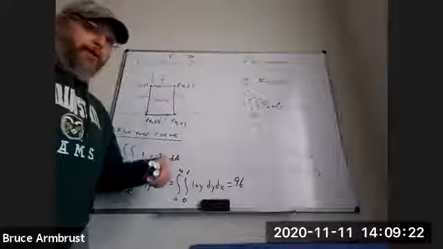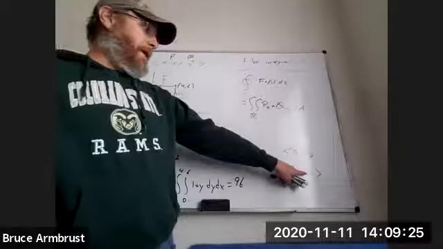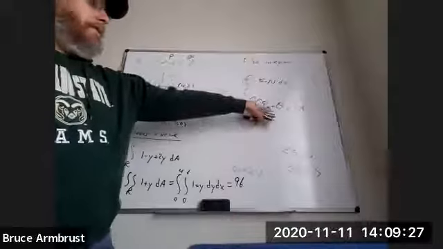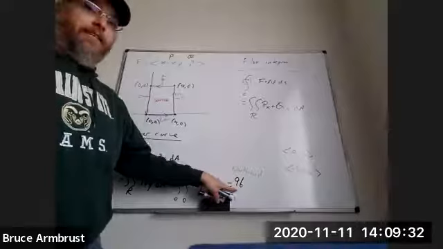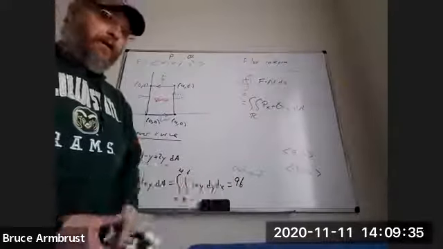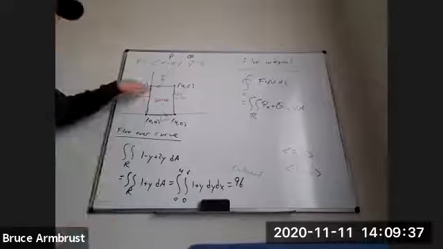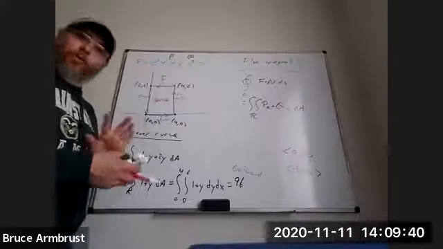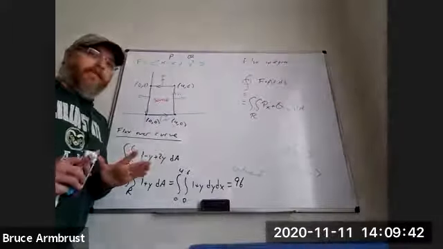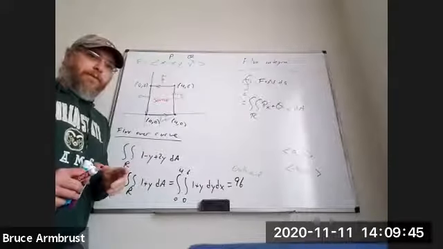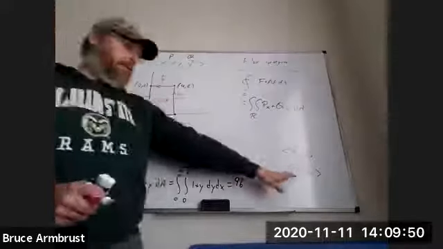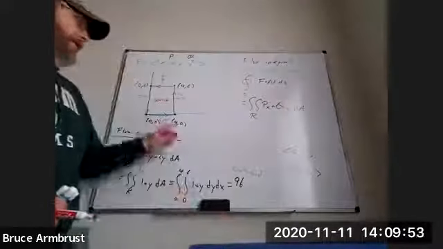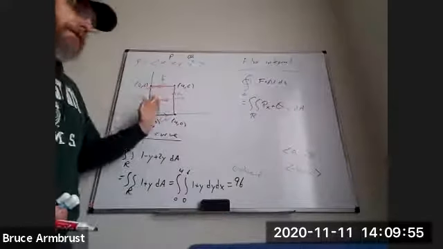If we had decided to go the other way and be negative A, that would have made both of these negative, which in this example would give us a negative 96, but negative 96 would still mean outward because we're orienting the opposite direction. So it's kind of nice that it all works out. However you decide to orient yourself, because we're switching the sign on the first one, that's making it so that when we're counterclockwise, positive flux is outward.